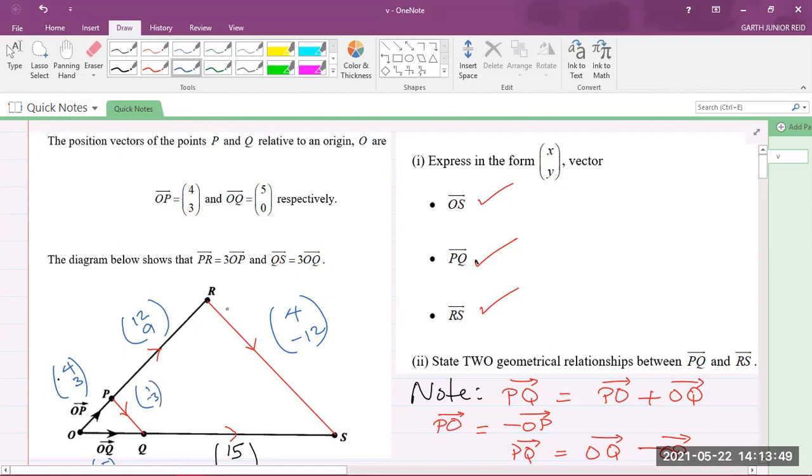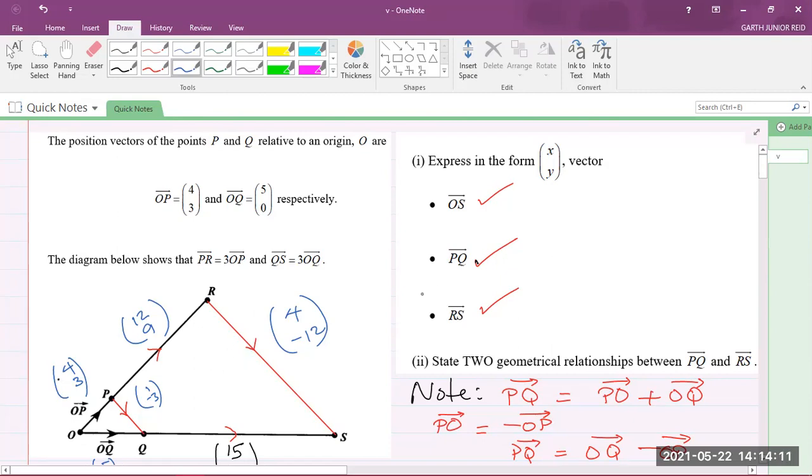Clearly from the diagram, you can see that they are parallel vectors, running in the same direction, and we can write the vector RS as 4 times the vector PQ. So we know that they are parallel.